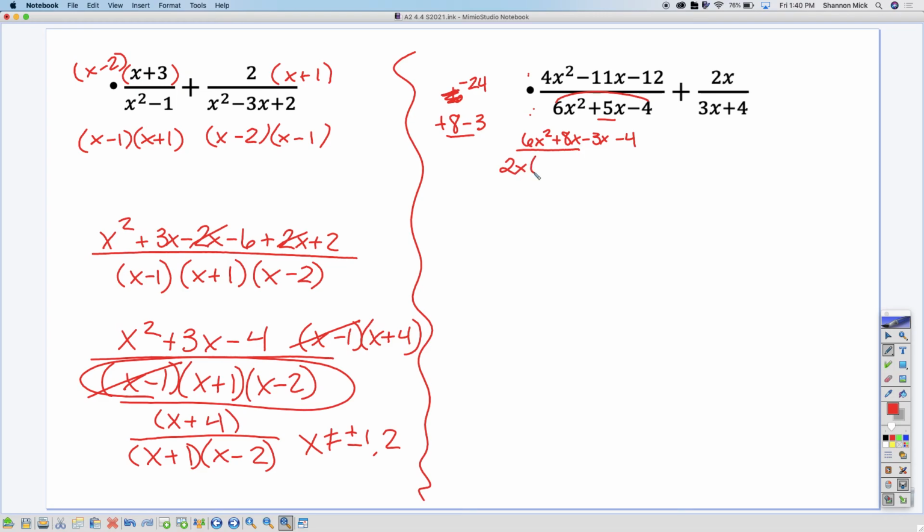So that gives me 2x times 3x plus 4. And these two I'm going to factor out a negative, and so I have 3x plus 4. So the whole thing reduces to 2x minus 1 and 3x plus 4.